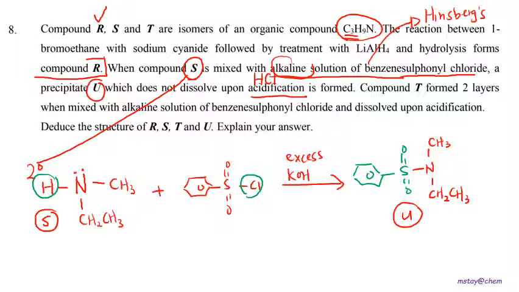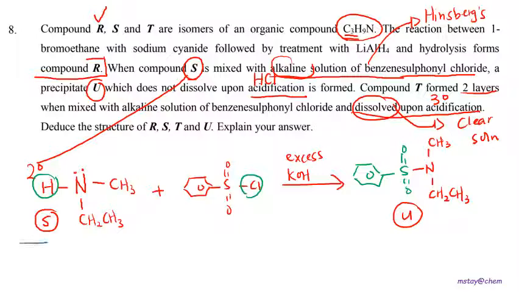Compound T forms two layers when mixed with alkaline solution and dissolves upon acidification. When it dissolves, it means that we get a clear solution. In other words, this is the observation for a tertiary amine. So T is a tertiary amine.